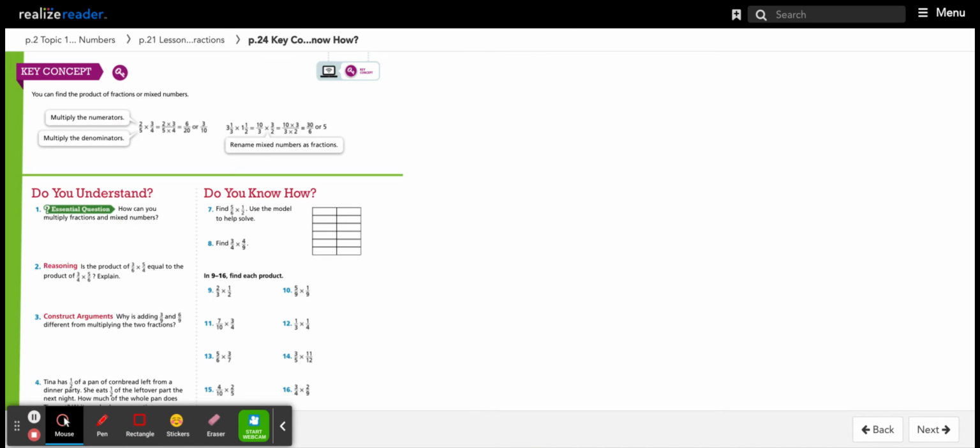Okay, now let's look at number 7 on page 24. So please flip to page 24 in your workbook. We're going to look at number 7. We're going to use the model one more time. So find 5/6 times 1/2. Use the model to help us solve. So we have to look and see how is this split up.